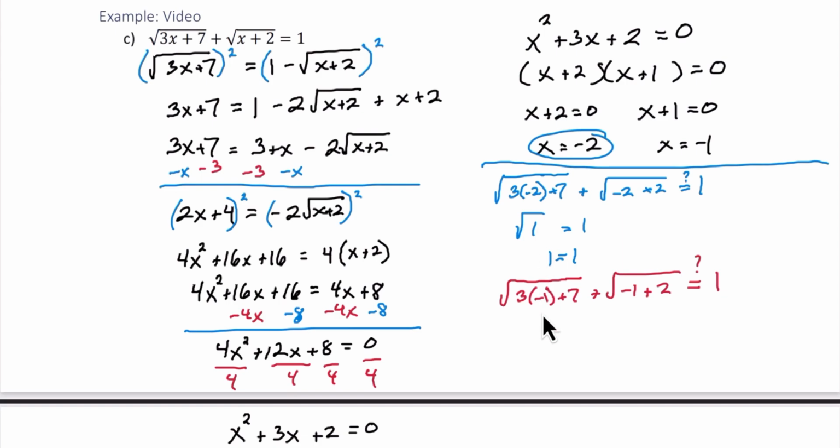In the leftmost radical, we have 3 times negative 1 is negative 3, plus 7 is 4. So we have the square root of 4, plus the square root of negative 1 plus 2 is 1. So we have 2 plus 1, which is 3, and that is not equal to 1. So that means our answer of -1 is actually extraneous. Our only answer is -2.